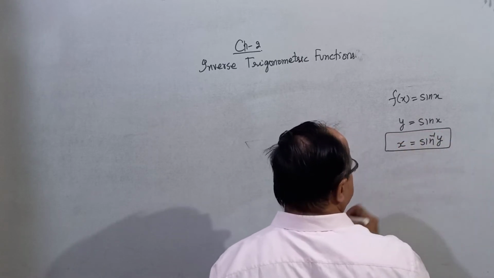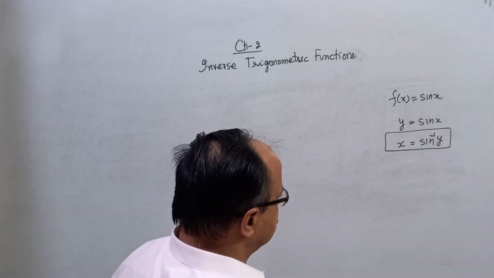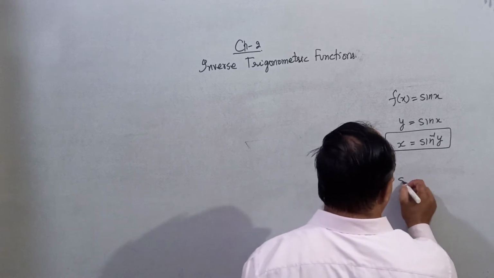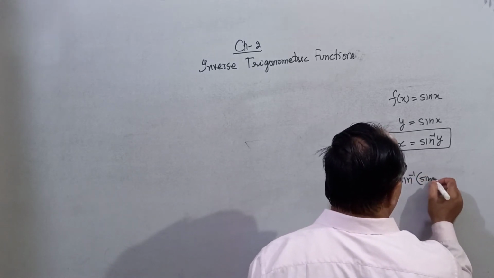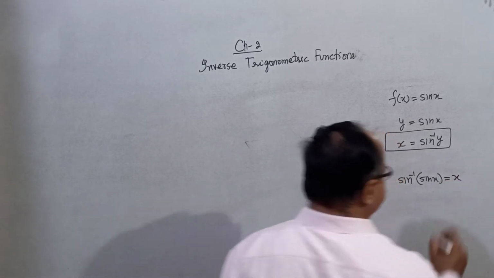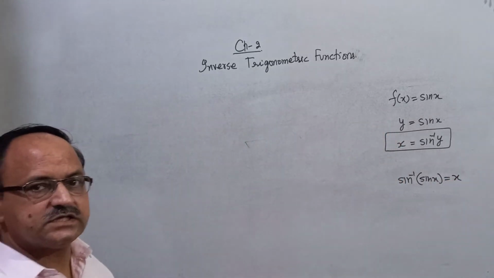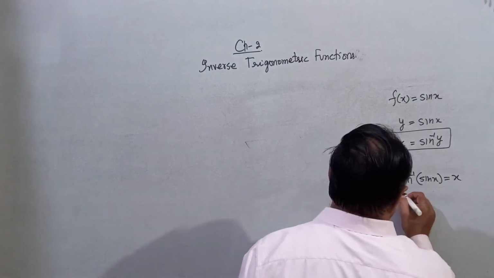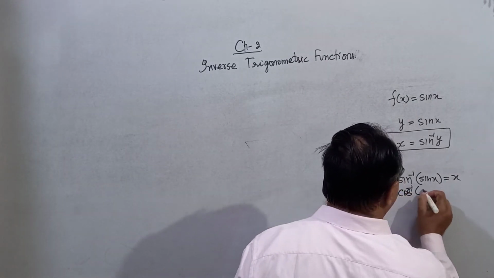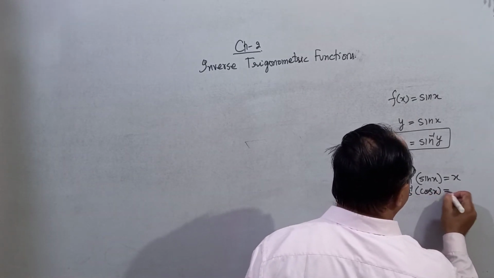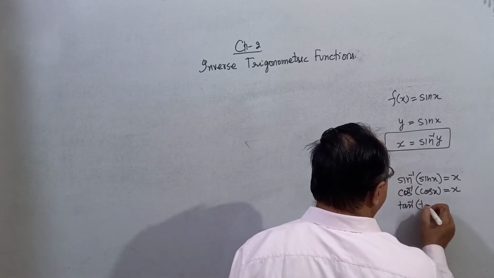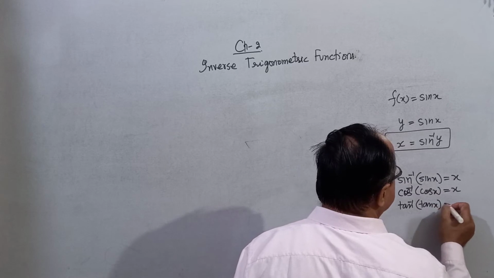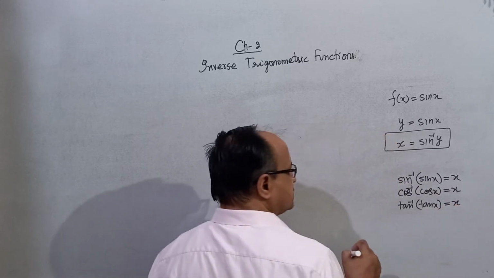So one property, sin inverse of sin x is equal to x. Cos inverse of cos x, that is also x. Tan inverse of tan x, that is also equal to x.